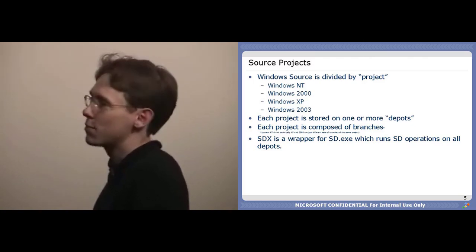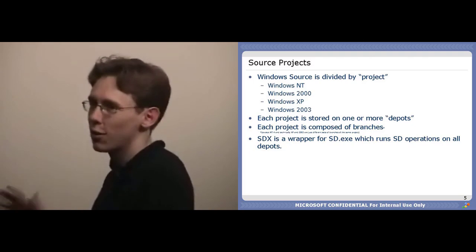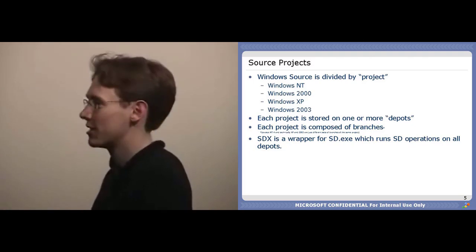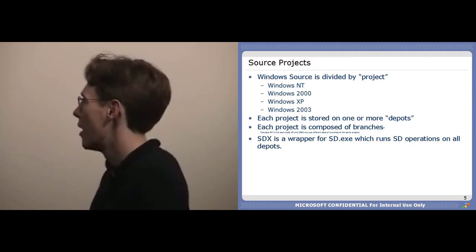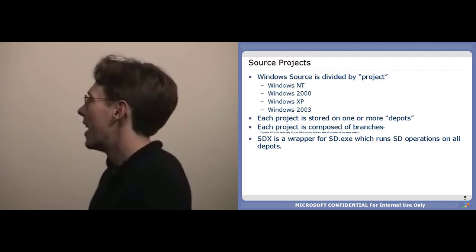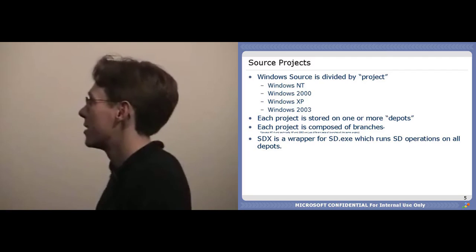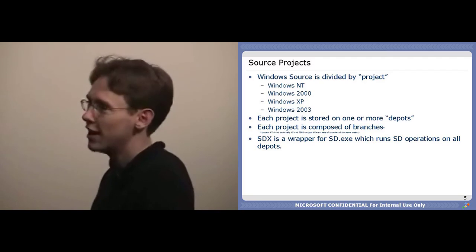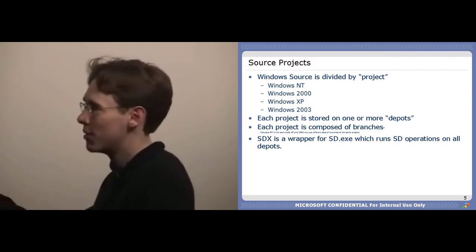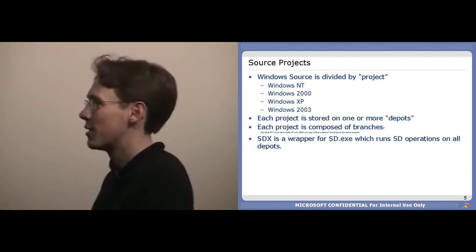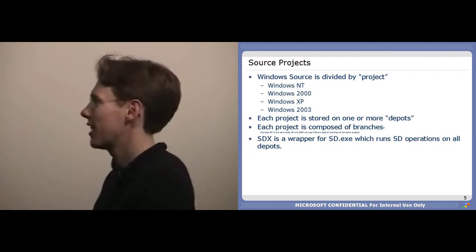And then for each of those projects, you don't want to have the whole thing on one depot because then you have a huge amount of data on one depot, and so it's divided up over depots. If you grab yourself a Windows 2003 enlistment, you're going to be hitting a distributed system of 33 depots or something like that.